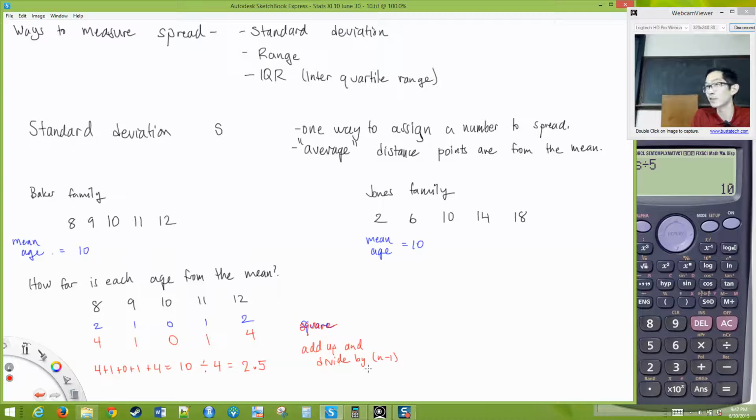Is this okay with everybody so far? Okay. And then lastly, to undo the fact that we squared them, we're going to take the square root.